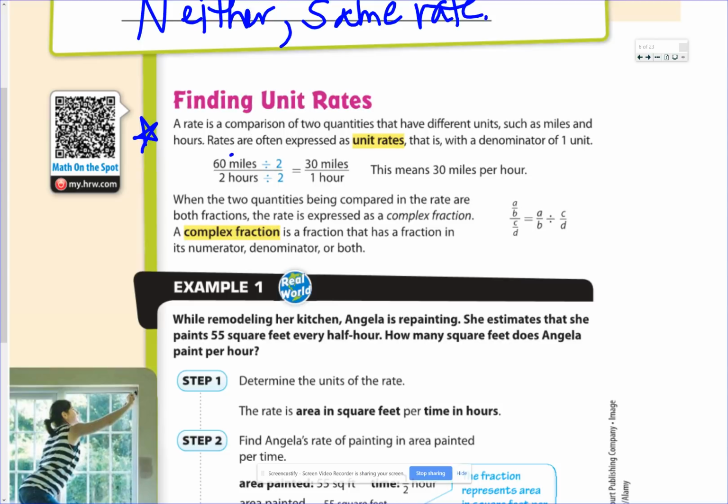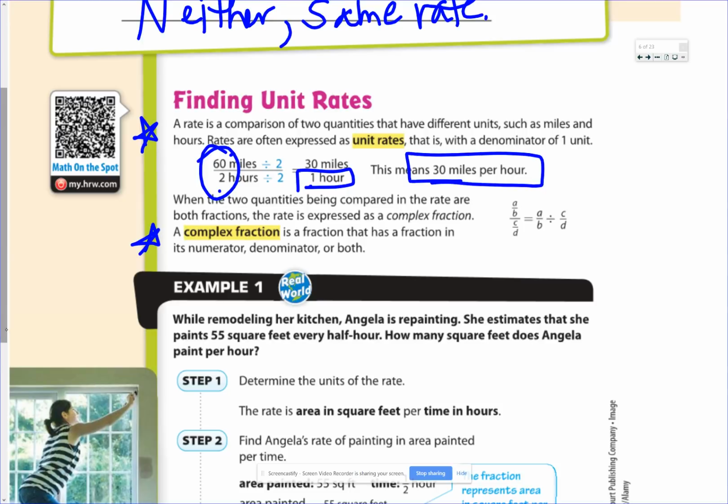If you go 60 miles in 2 hours, you either get that in simplest form where 1 is the denominator, or just take 60 divided by 2, that's 30, or 30 over 1. That is a unit rate because the denominator is 1 hour. We'll talk more about complex fractions as we approach this.